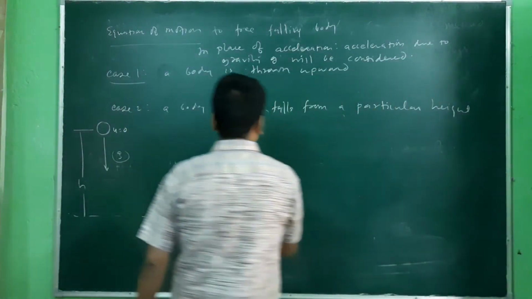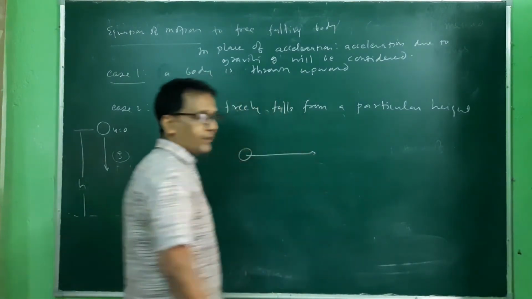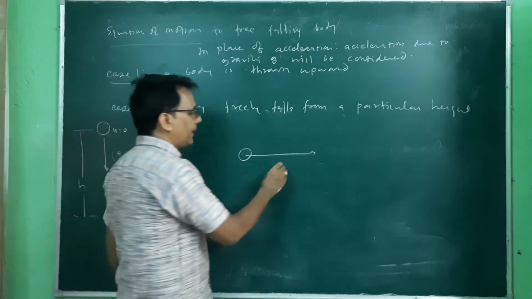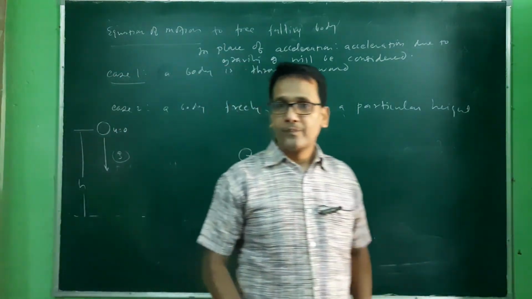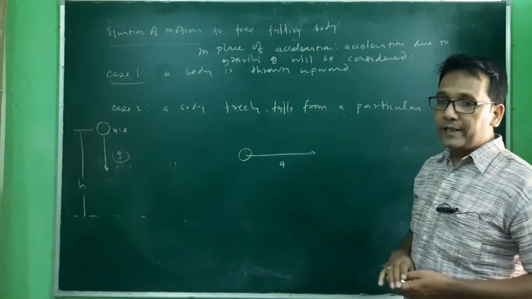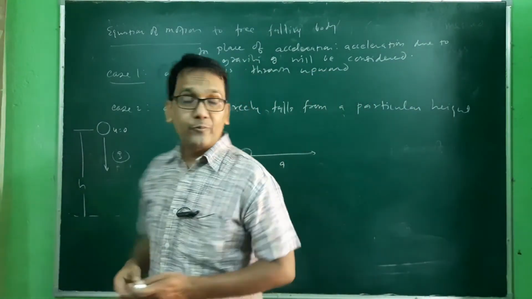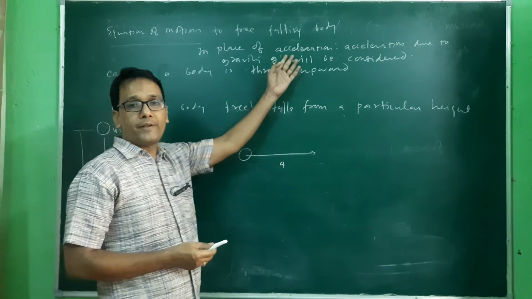If a body is moving along a particular direction on the surface of Earth, then we take the acceleration as a, and if that body is thrown vertically upward or falling down from a particular height, then we have to consider the acceleration due to gravity.